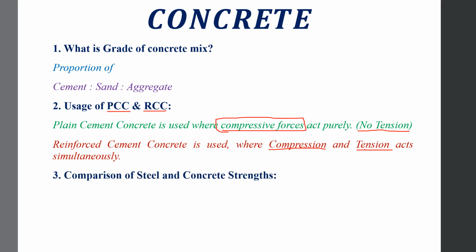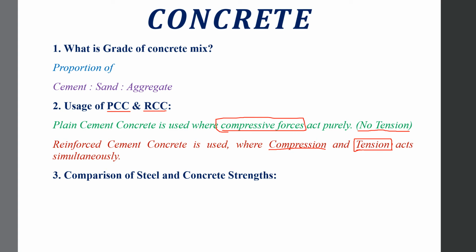The third point is the comparison of steel and concrete strengths. Most civil engineers know that steel is strong in carrying tensile forces. Therefore, RCC is used for compression and tension due to the involvement of reinforcement.